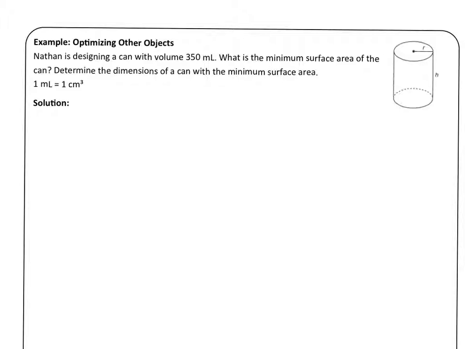Now, when we have minimum surface area, if we did a bunch of investigations and stuff, we would find that in order to have minimum surface area or maximum volume, the height is 2 times the radius.